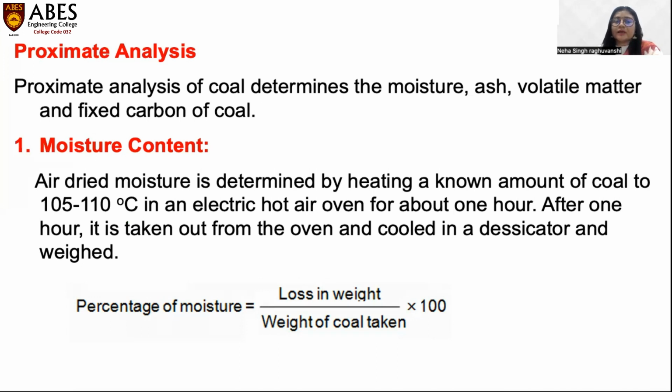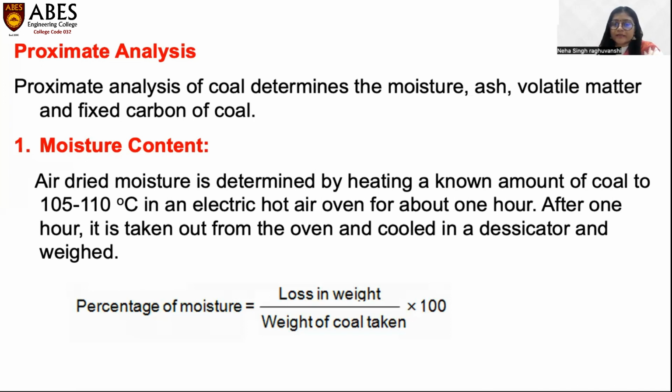Now, how do we calculate the moisture content? We take an oven, maintain its temperature at 105 to 110 degrees centigrade, and let it preheat. In the meanwhile, we take the coal sample to analyze, suppose 1 gram.